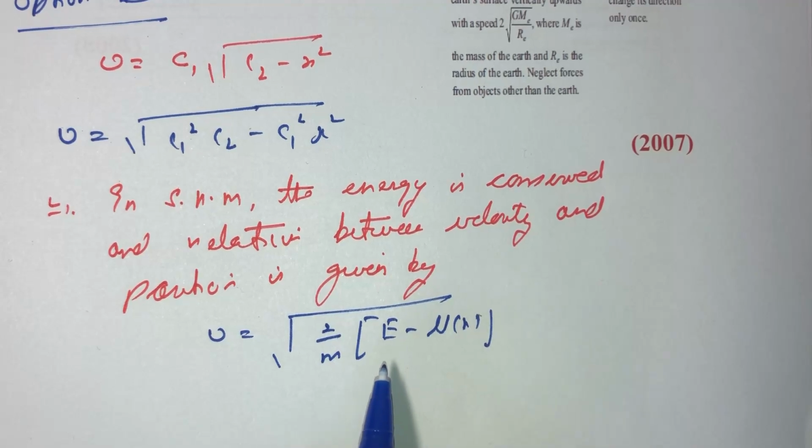In this, E is the total energy and U of x is the potential energy.